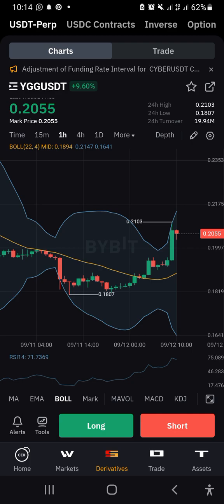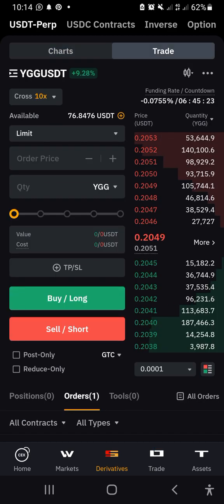So we can see that the 24-hour high is 0.2103. I'm going to be setting my trap a little above this price. It's either you click on this short or you click on trade. If you click on short, it will take you here.